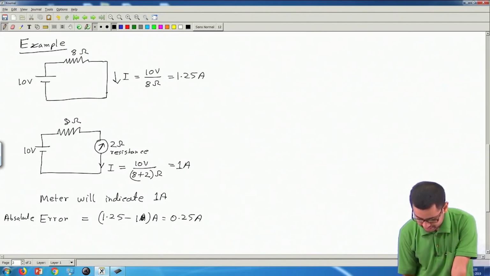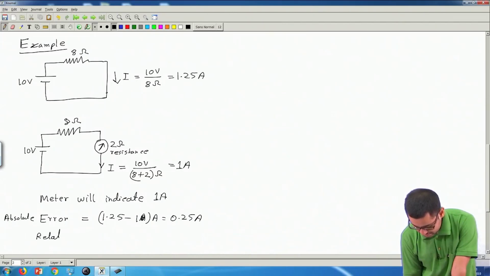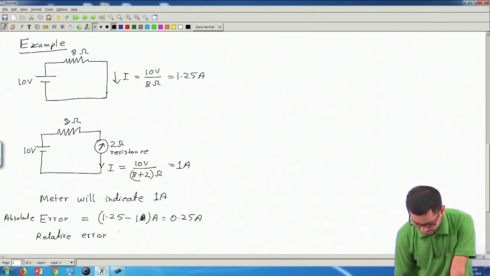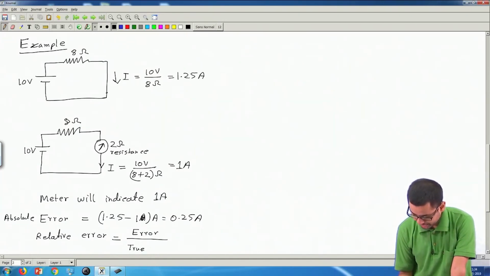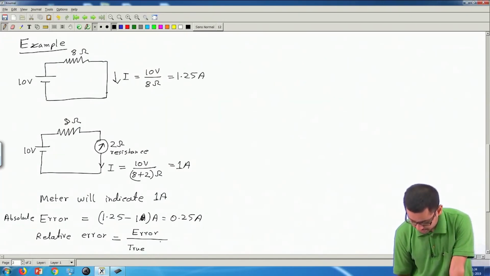If we want to measure a relative error, we can define it as the error divided by the true value. We can also define it as error divided by the measured value, depending on the situation, into 100%.